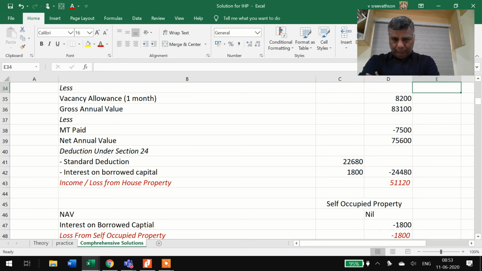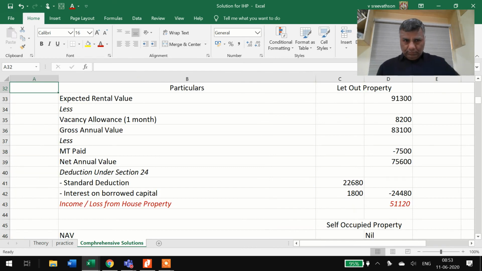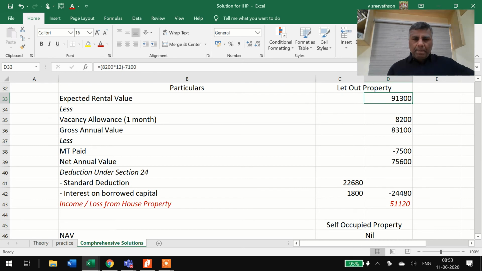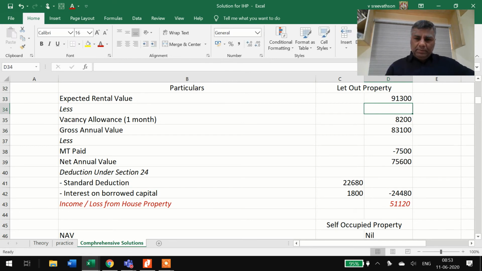So can you scroll up? You want to know how I got this? Yes, sir. 8,200 into 12 minus 7,100. 8,200 into 12 minus unrealized rent. I mean, sorry, unrealized rent, not unrealized.